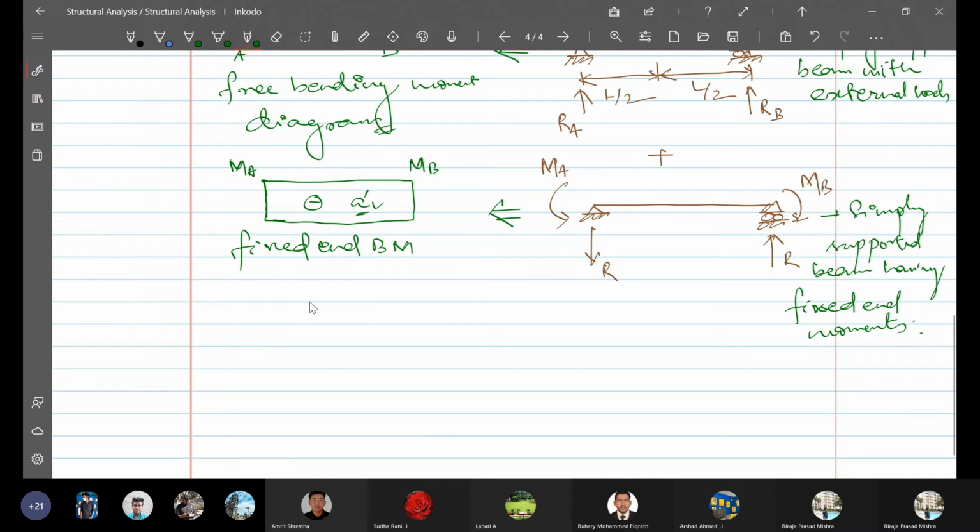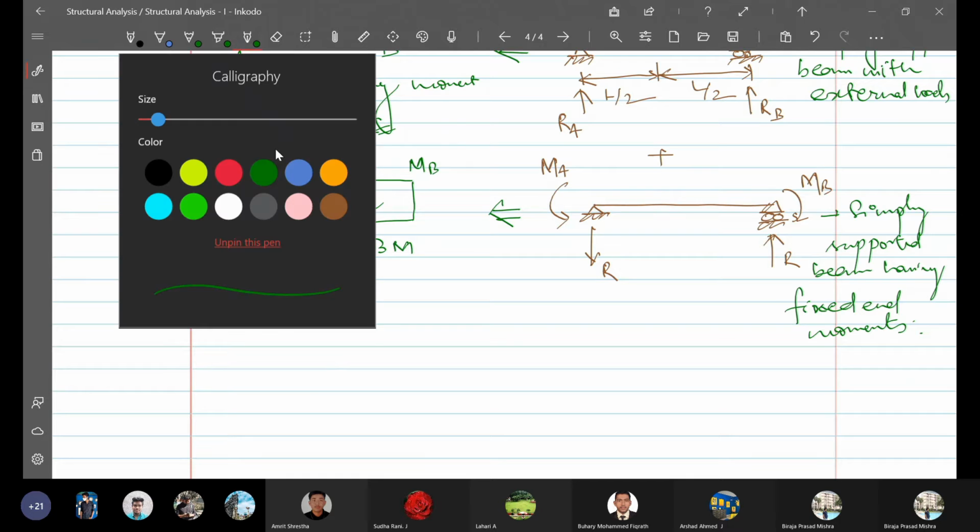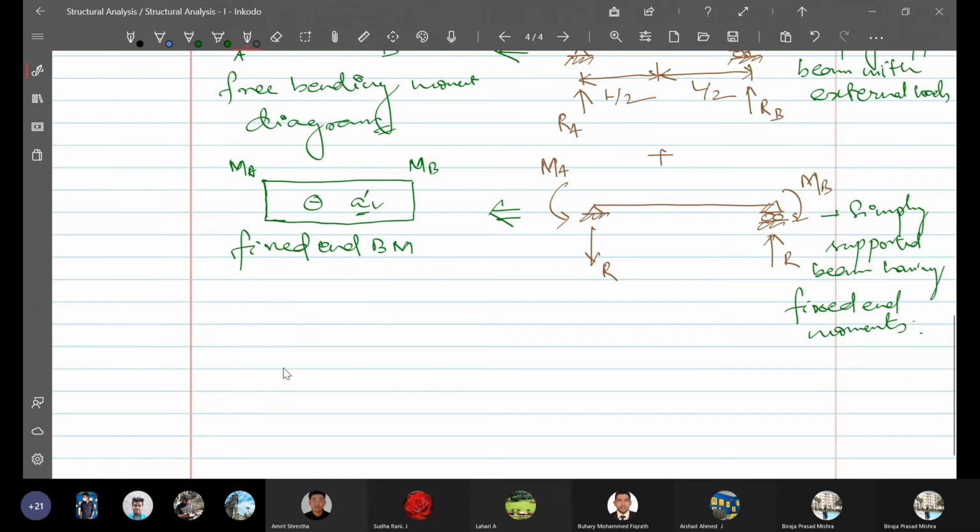Let me draw it here. The net bending moment diagram will be the combination of the two bending moment diagrams.